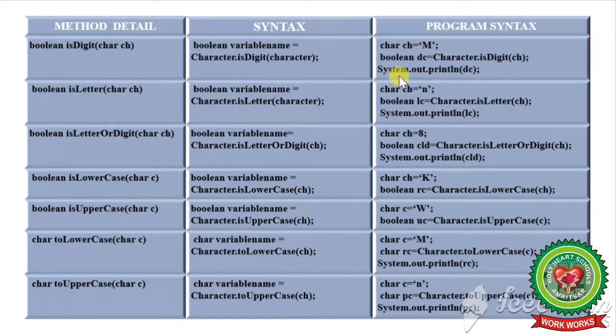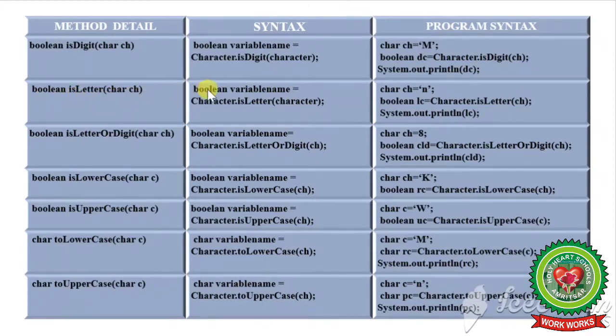Then System.out.println(dc). It will display the result of this dc variable, and my result will be false as m is not a digit.